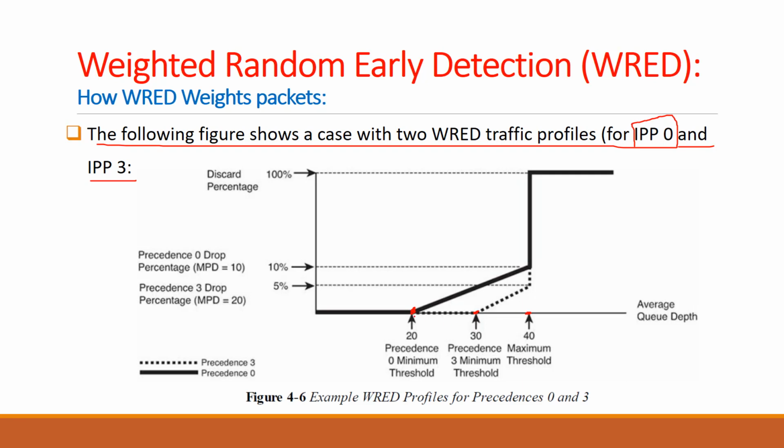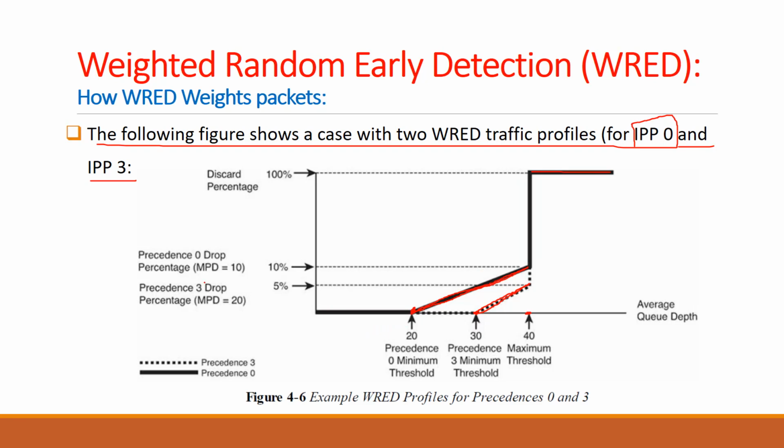For IP precedence 0, the percentage of dropped packets goes from 0 to 10% of the packets. It means that IP precedence 0 drops more packets than IP precedence 3, because as you can see here, the value for IP precedence 3 goes from 0 to 5% only before the full drop occurs, which occurs here, full drop.